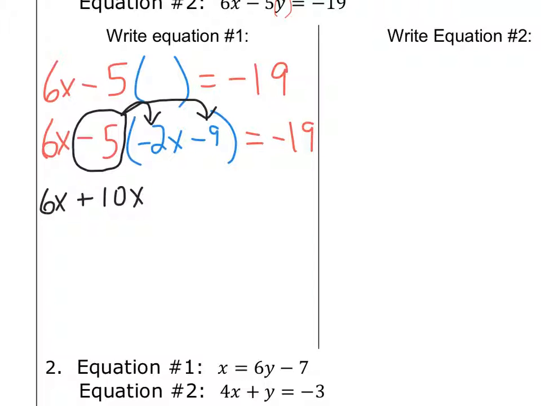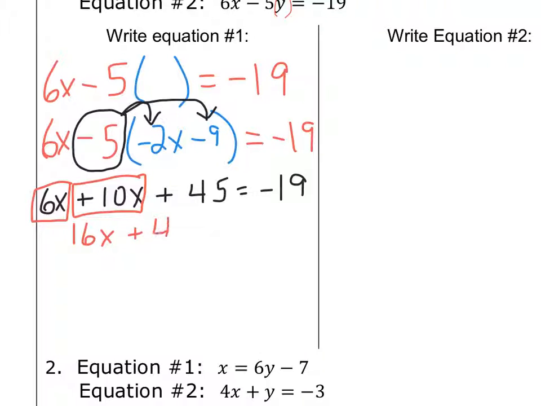And then again, -5 times -9 is plus or positive 45 equals -19. Okay, now we're solving this for x, so we've got to combine our like terms. We have a positive 6x and a positive 10x that are alike. So that's going to be 16x plus 45 equals -19.